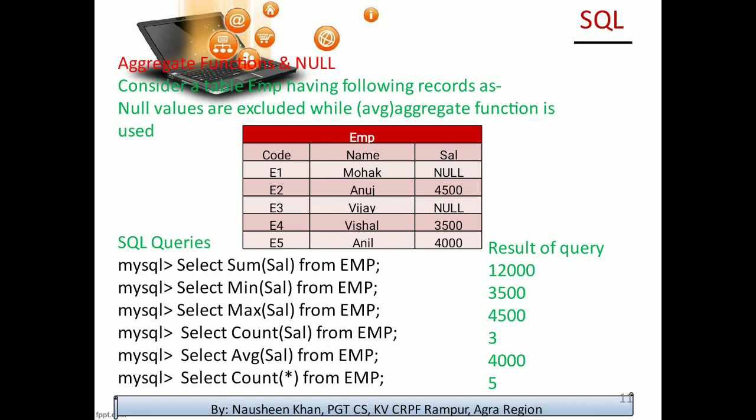So it will count the number of rows from any column. It will not count only the sal column, it will count all the columns. So there are a total of 5 rows in this table. That means the result will be 5. You have to note this difference between count(sal) and count(*). Asterisk means all the columns.